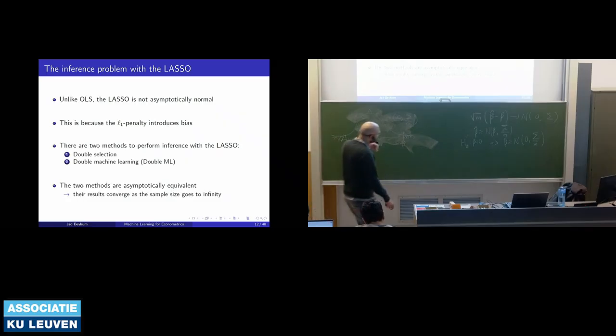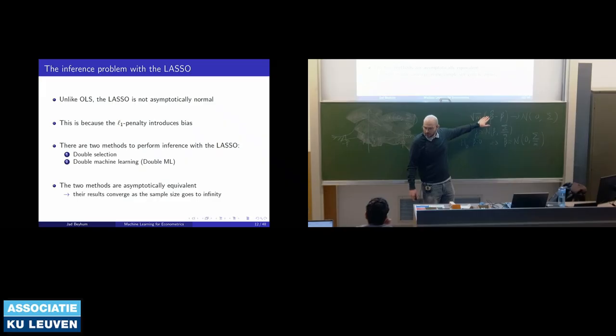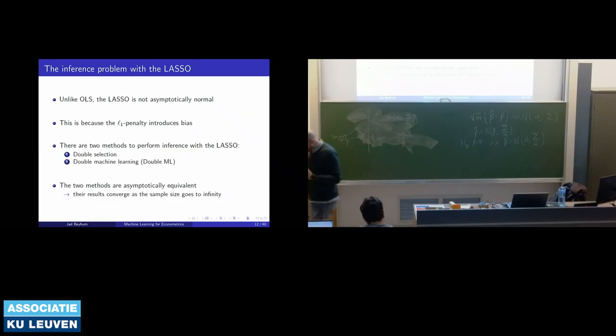Here you see that since square root of n times beta hat minus beta follows a normal distribution centered in 0, on average, beta hat is equal to beta. There is no bias for OLS, that's what we discussed. That's not the case with lasso. Lasso has bias, and that's what we saw in the simulation in chapter 2. Lasso is introducing some bias to contain the variance.